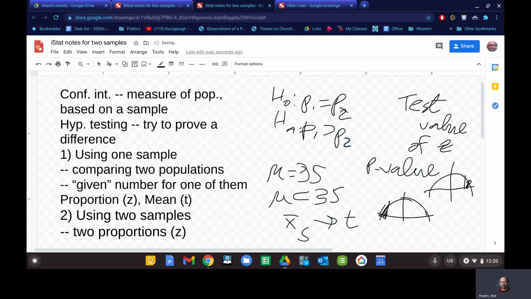So then this is what I'm trying to prove. I'm trying to prove the population numbers to be different from each other. But I don't have the actual population numbers. I have P hat 1 and P hat 2.